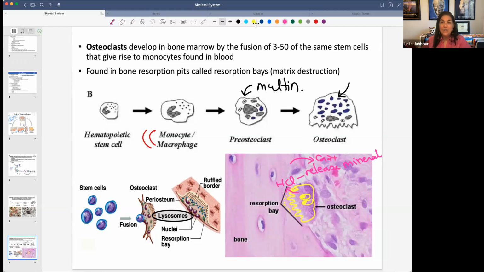And the digestive enzymes help release collagen. So organic matter. Oops, that's the French spelling. Collagen broken down.